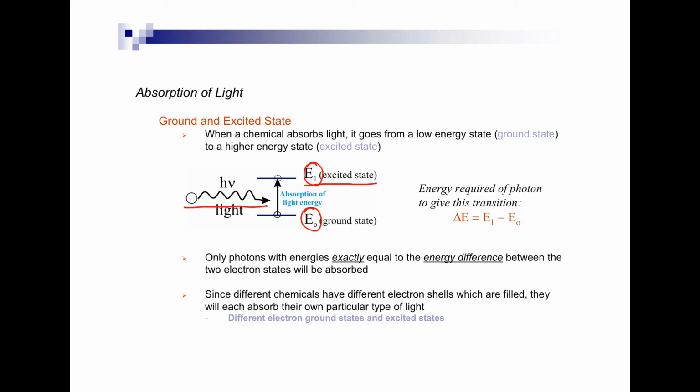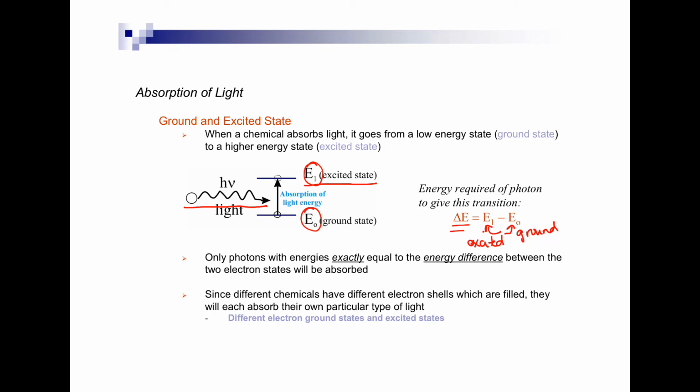And the energy that it absorbs is equal to the difference in the energy levels. So this would be the ground state, and this would be the excited state. So by monitoring the kind of light that something absorbs, we can actually tell about the energy levels within the atoms in the compound.